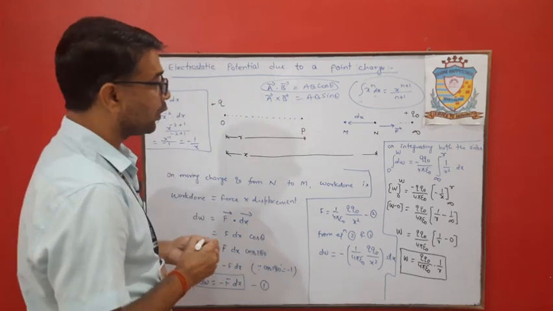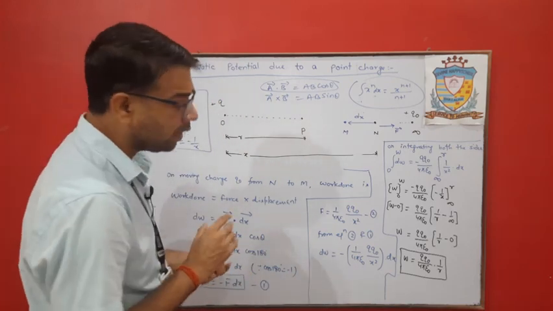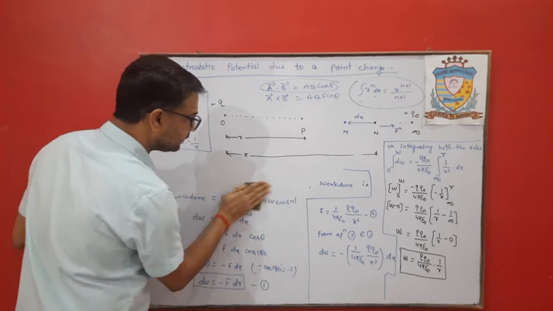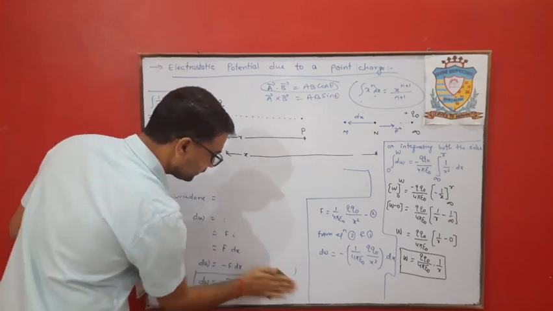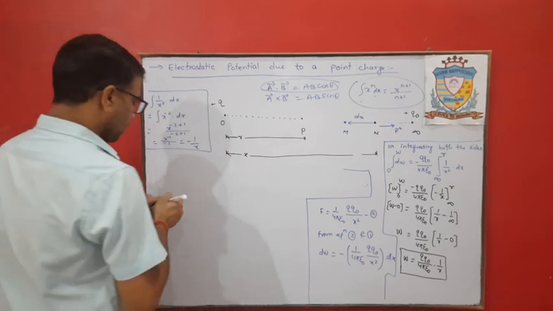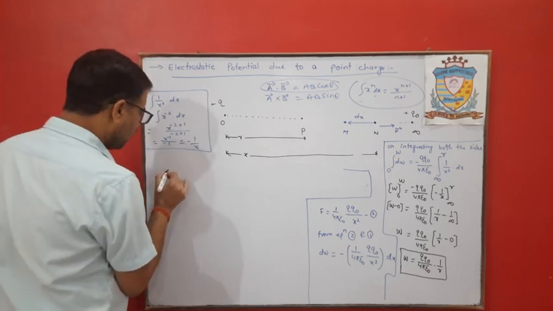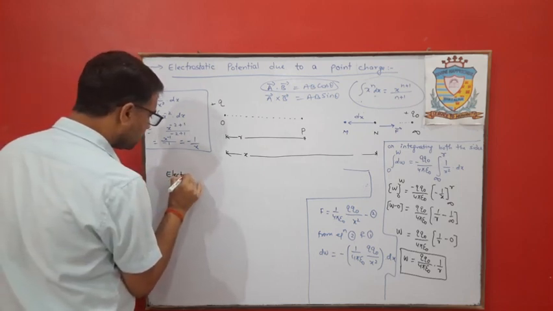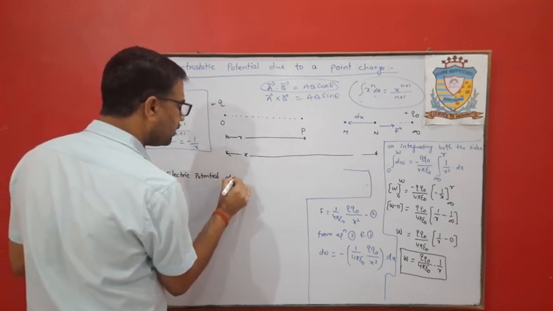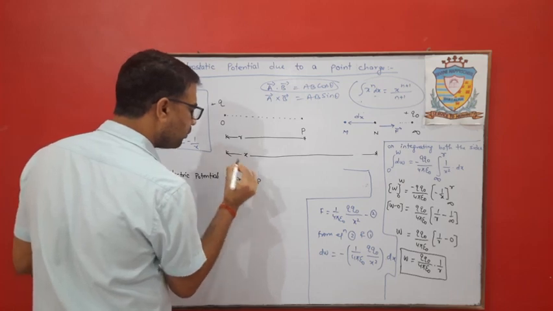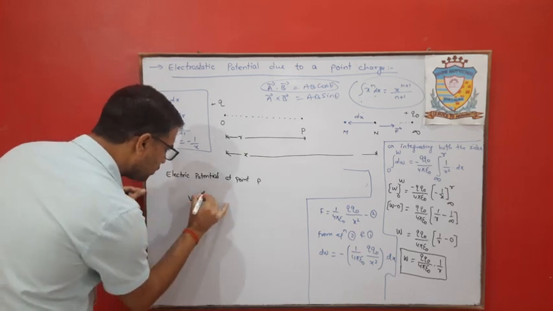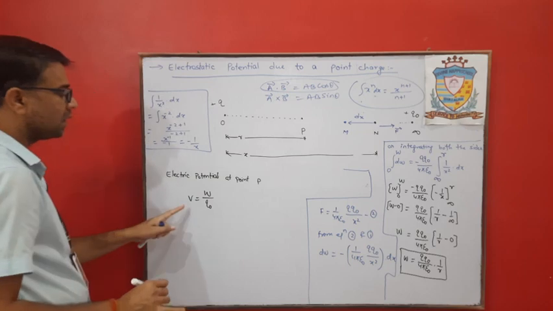Now we have to calculate the potential at that point. So how will we calculate the potential? So electric potential at point P. So V, as we know that V is equals to W upon Q naught. In previous class we have studied about it.